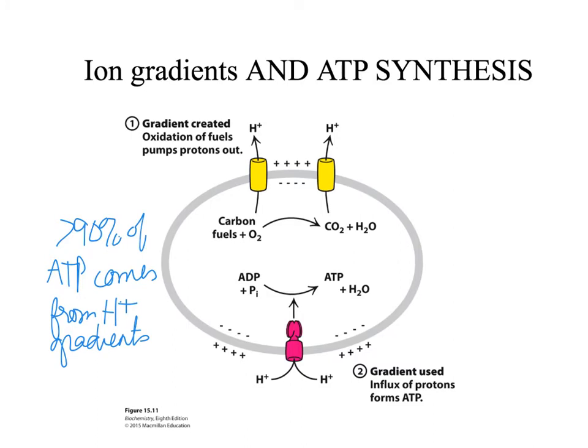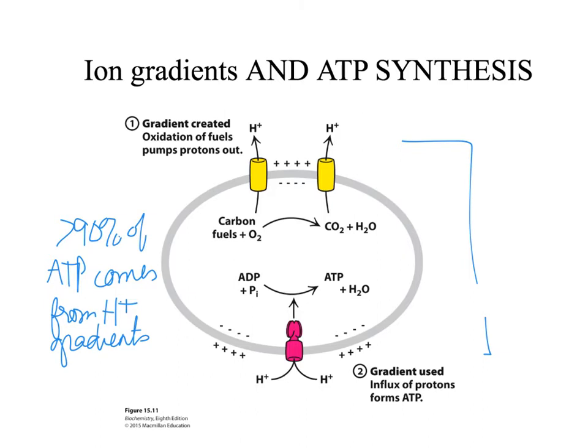The process where we're making ATP from these proton gradients is referred to as oxidative phosphorylation, and it's covered in chapter 18, so we won't get to that detailed process this semester. But it is a process that occurs. The ATP hydrolysis can then be used to form different ion gradients, which can then be used to drive different processes. But this is just showing how we have a proton gradient that's created.